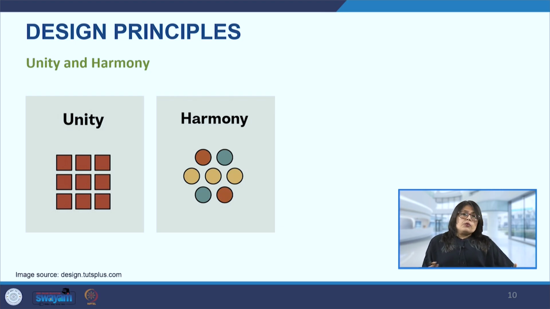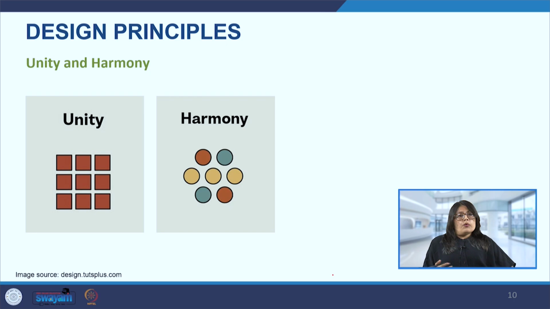So it is important to keep a balance, and harmony can be achieved in various ways by using different components. Color, as I gave the example, is one of those which can harmonize the entire work of art or our website, or any other work, a painting or even a product.